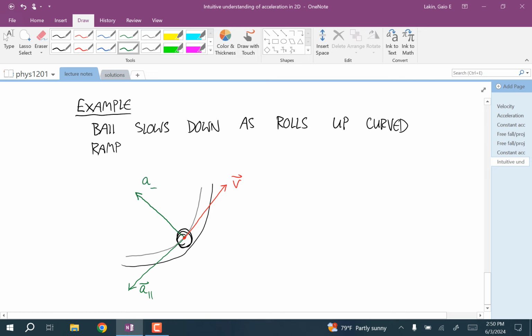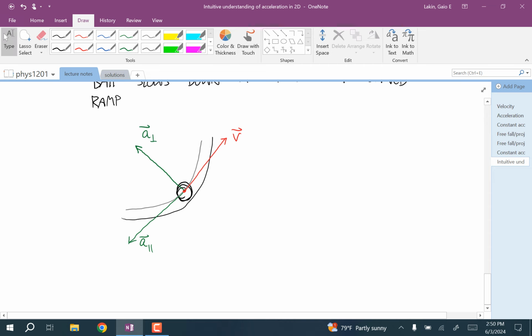So here's your A perpendicular. And this time, since we have both of these two parts, we can't say for sure what the direction of the total acceleration is from this kind of analysis, but we can say that it's somewhere in this range of 90 degrees. So the total acceleration is somewhere between A parallel and A perpendicular.